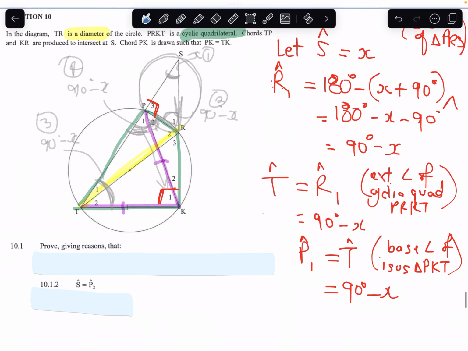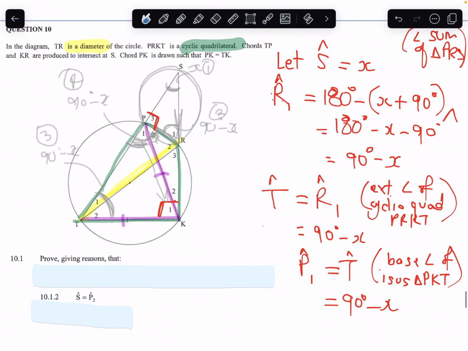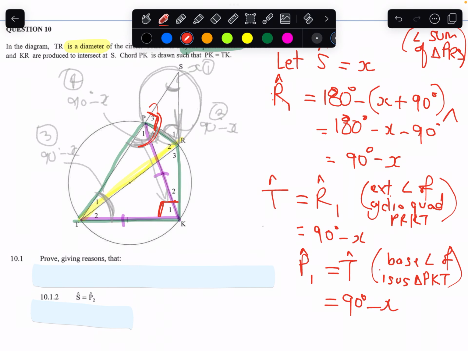And then from there, we can say angles on a straight line. Maybe that's the most straightforward.